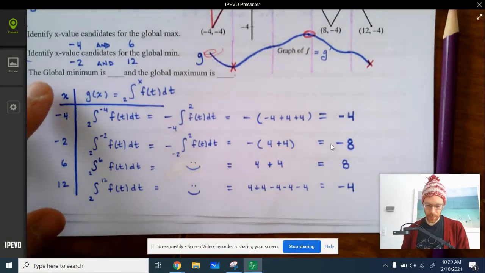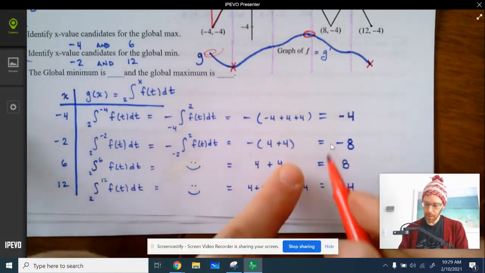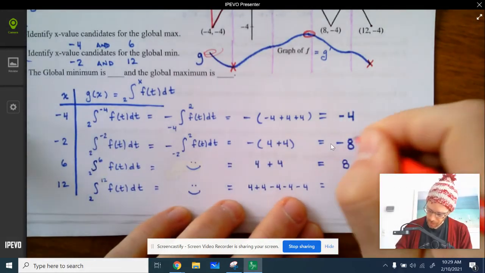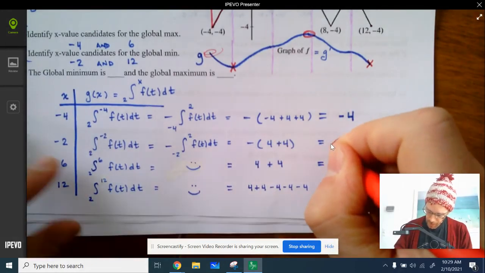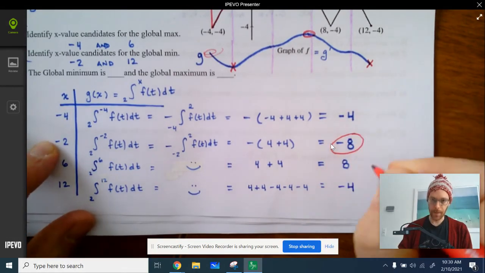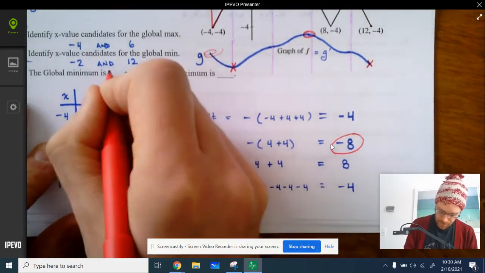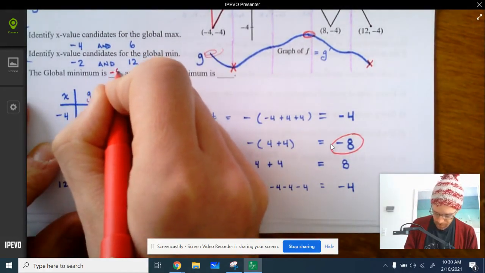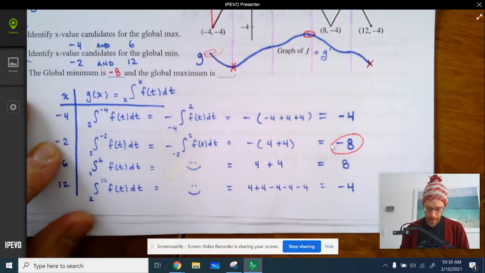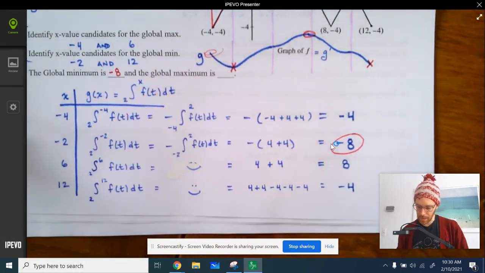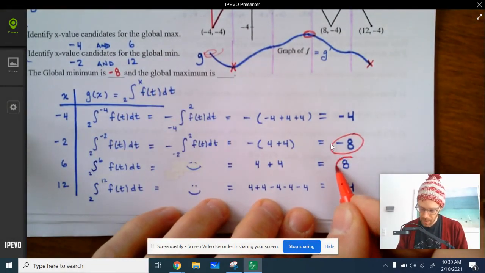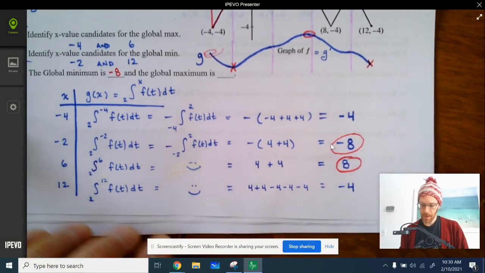The problem asks us for the global minimum. Now, as I'm looking here, the global minimum is occurring at -2, and it has a value of -8 because that's the least that we got. And then the global maximum would be 8.